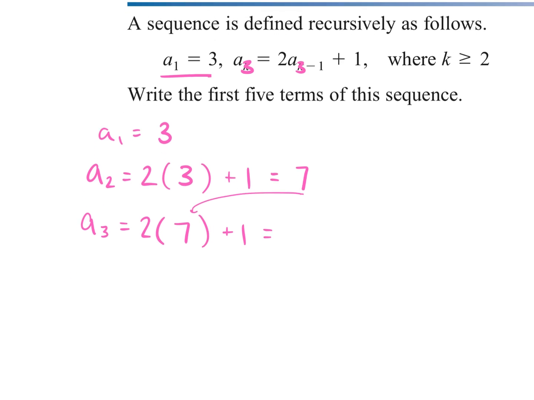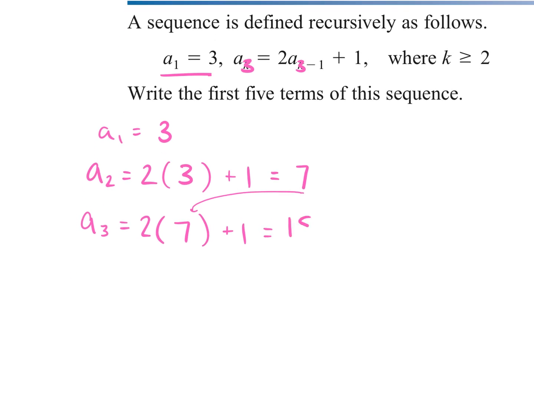So 2 times 7 would be 14 plus 1 is 15. Then to find a sub 4, we have 2 times, what do you think I'm multiplying here? A sub 3, which is 15. Perfect. We used the term before, so 2 times 15 would be 30, plus 1 would be 31.